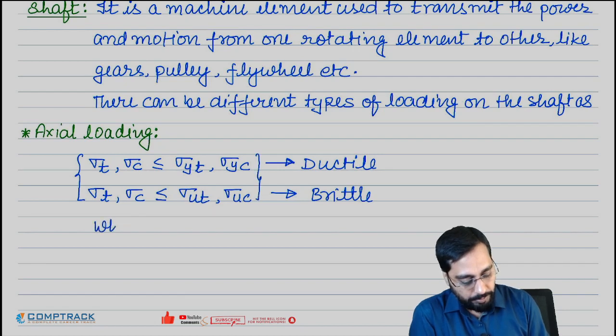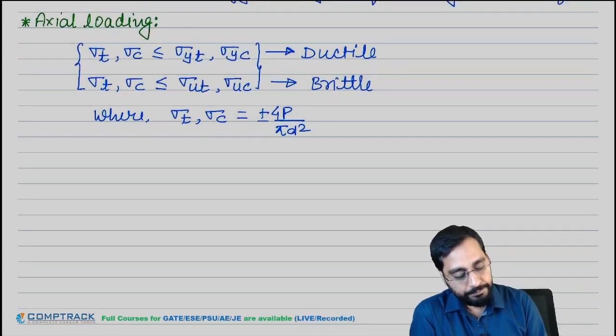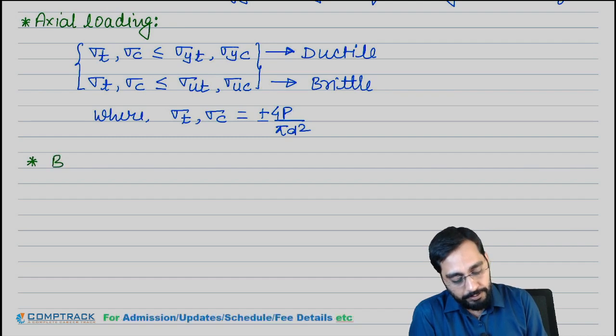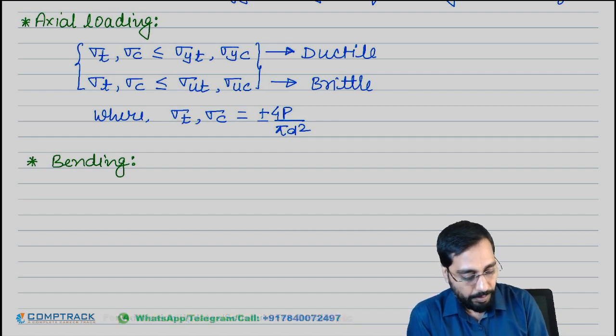Here your sigma t and sigma c will be plus minus P by pi by 4 d square. So simple axial loading can be there. Then come to bending. In case of bending, load P is applied, plus minus P, and a bending moment will be applied.